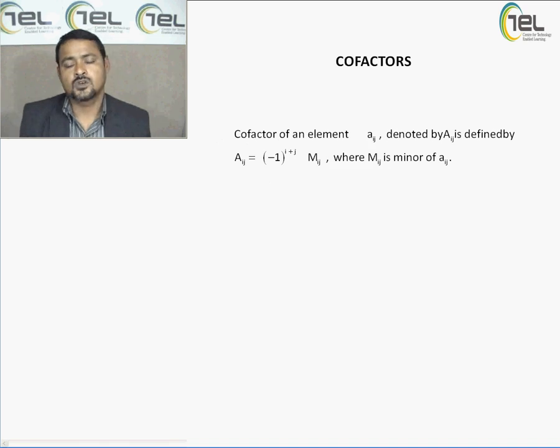Then we come to the cofactor of the elements. The cofactor of an element small aij is denoted by capital Aij and defined as minus 1 to the power i plus j into Mij.